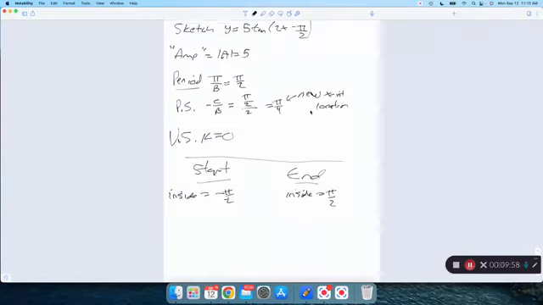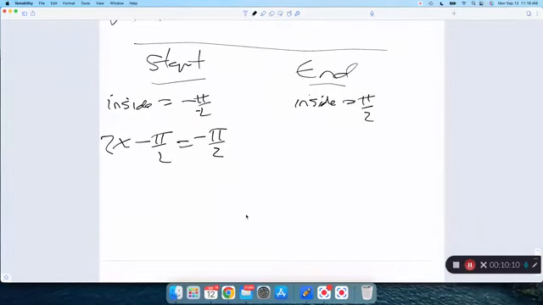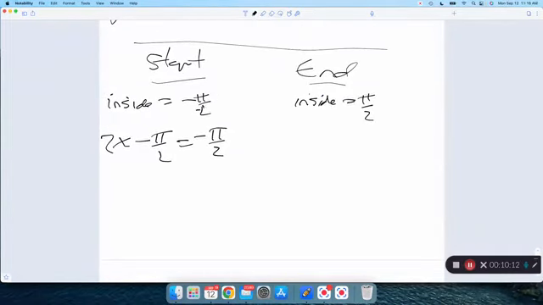All right, so what did we have inside? I don't remember. 2x minus pi over 2. So inside equal to negative pi over 2. In this case, the negative pi over 2s just cancel. We get 2x equals 0, so x equals 0.